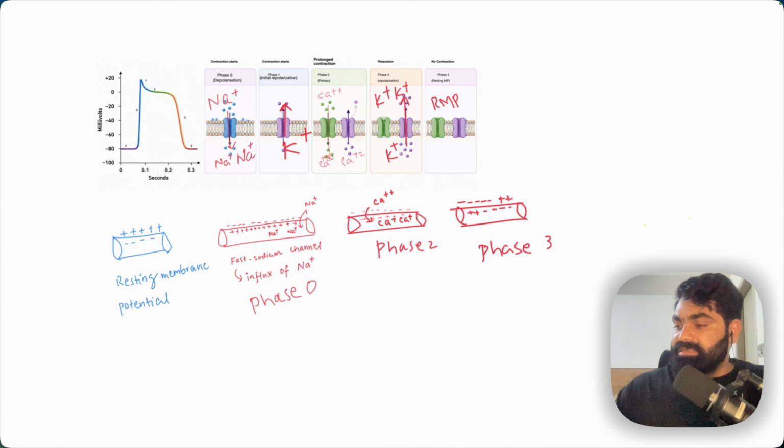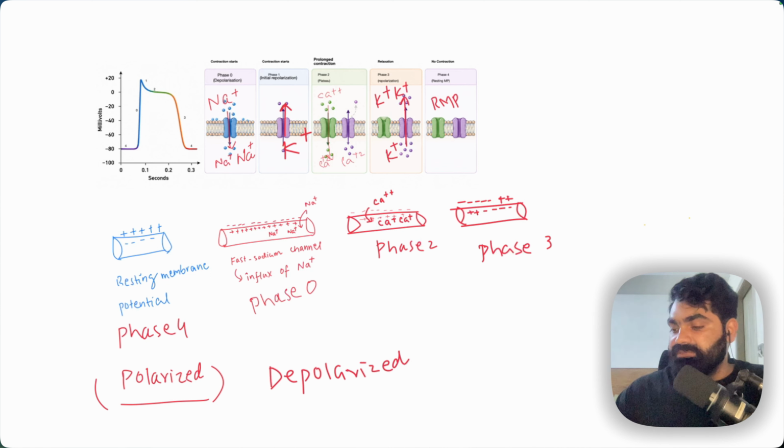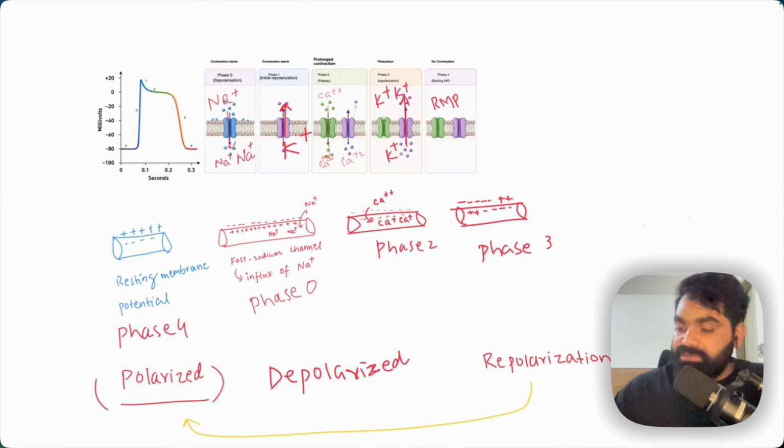This is about the action potential, and resting membrane potential is phase 4, where the cell is polarized. So first the cell at the resting stage is polarized, then depolarized, then repolarized. These are the 3 stages, and then the cell returns to its normal polarized stage.